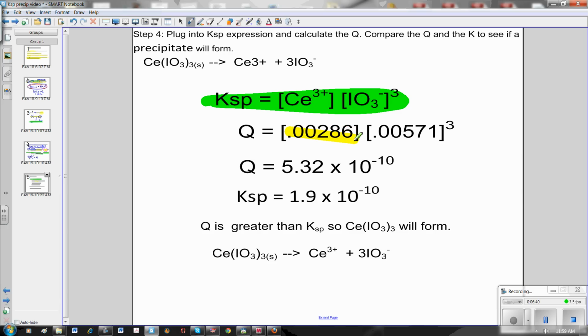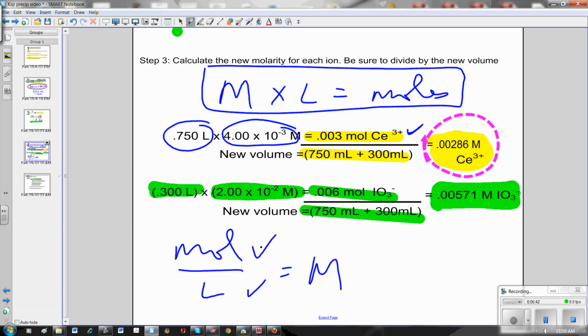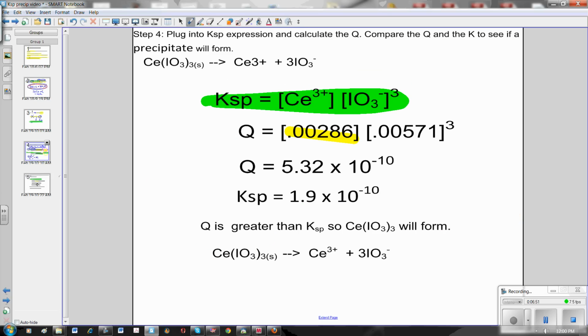My value for IO3 minus is 0.00571. I come back to the expression and drop 0.00571 there. I have to raise that to the exponent of three. So I'm just taking my new molarities for each of the ions and throwing them in the expression. I calculate a Q and get 5.32 times 10 to the negative second.